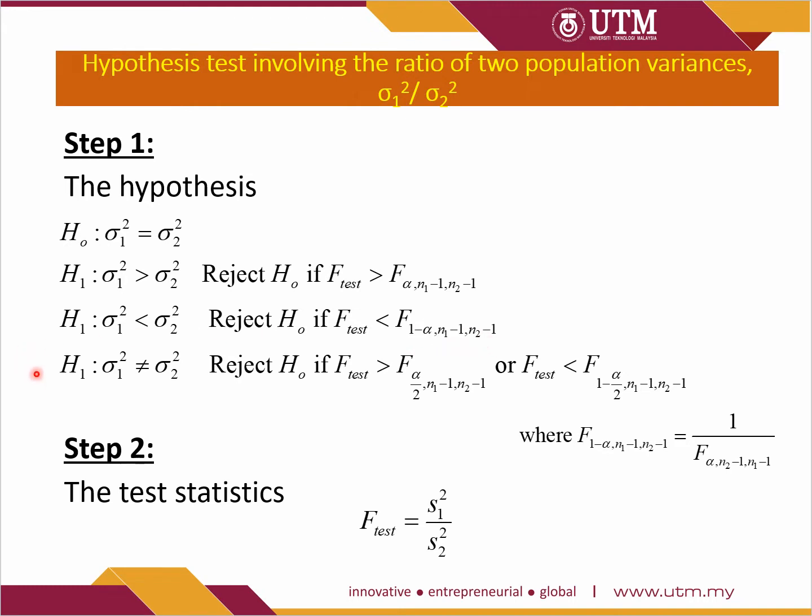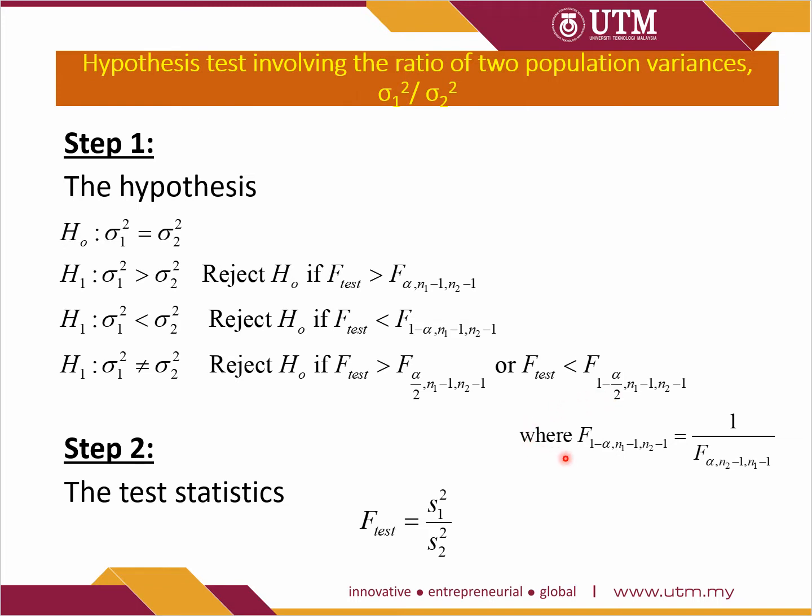And the last one, for the alternative hypothesis that the variances are not equal, we reject H0 if the F test is greater than F alpha over 2, n1 minus 1, n2 minus 1, or if F test is less than F 1 minus alpha over 2, n1 minus 1, n2 minus 1.